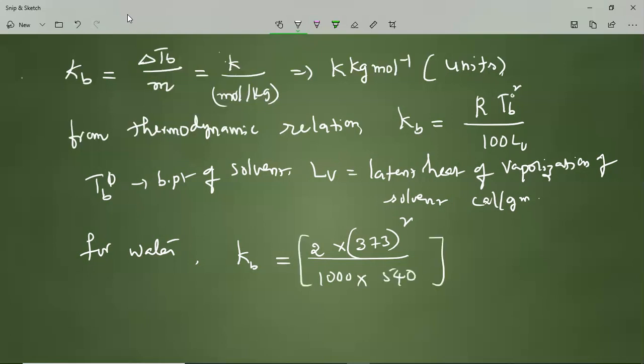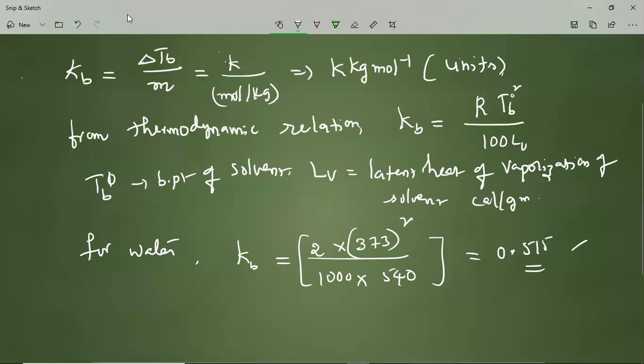Upon simplification, for water we will get 0.515, or 0.512. You can write 0.512 for water.